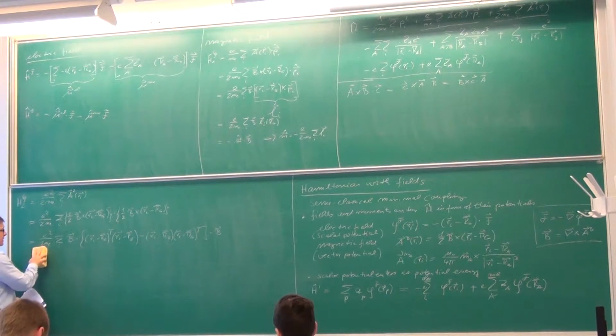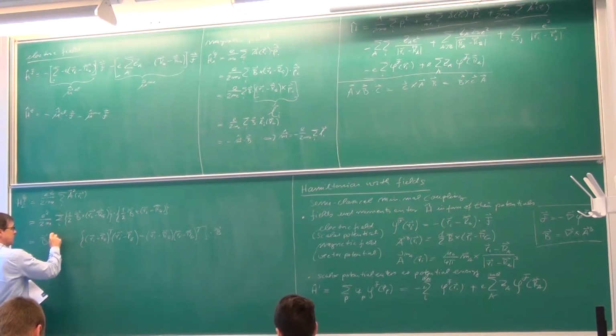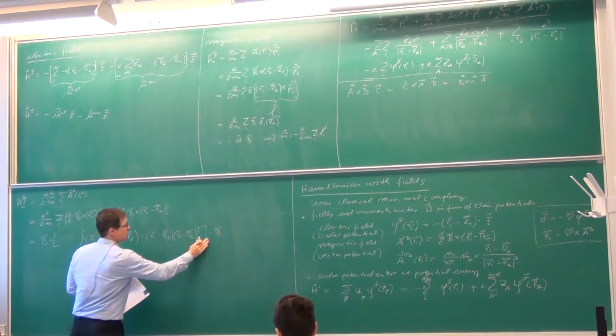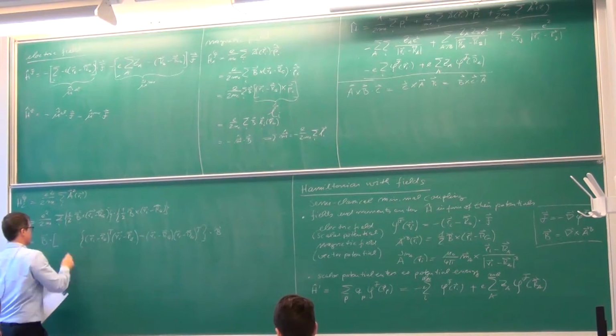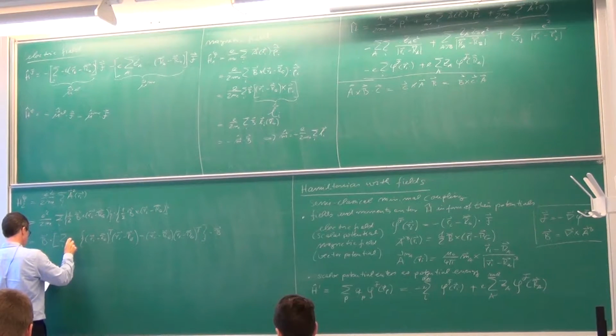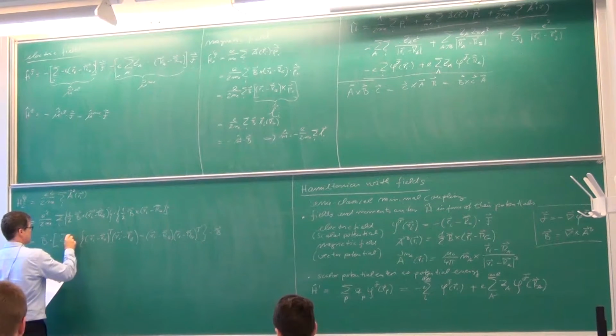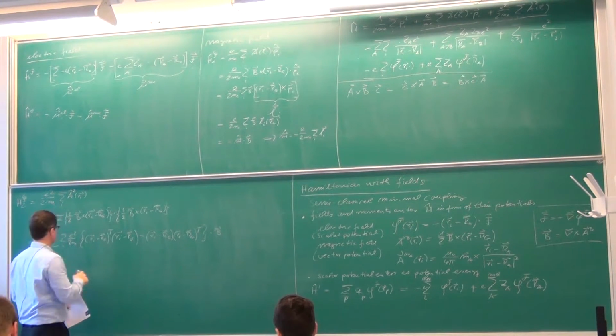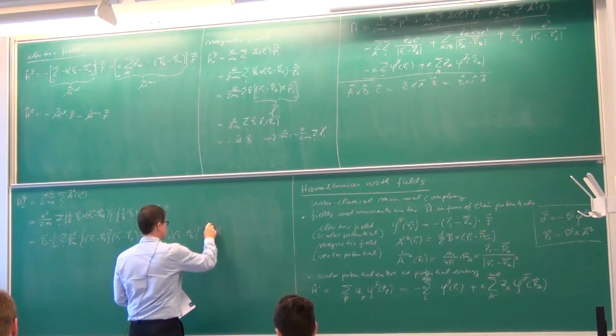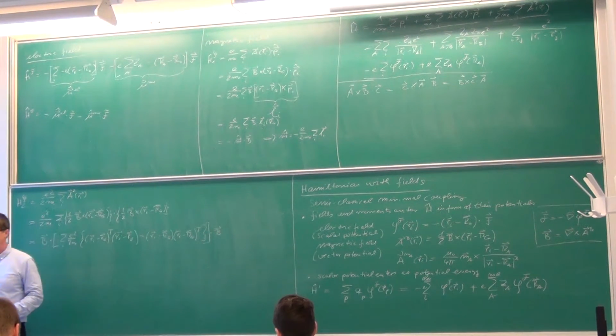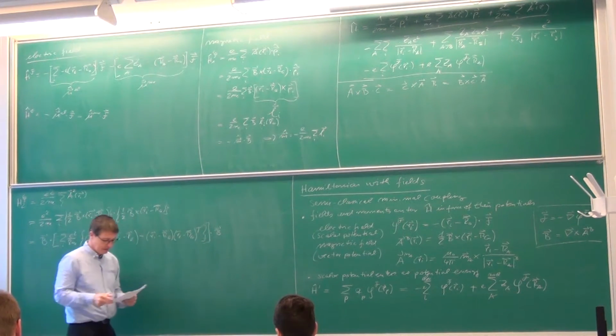And I can at the end then write it as B dot, and now I want to have a parenthesis, sum over i, and I have the e squared divided by 8m_e in here, like this. That's B and B. That's the field.